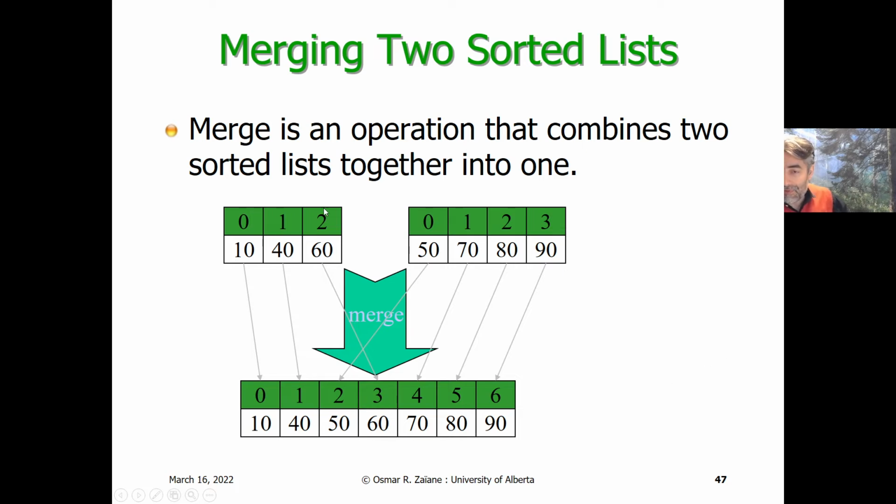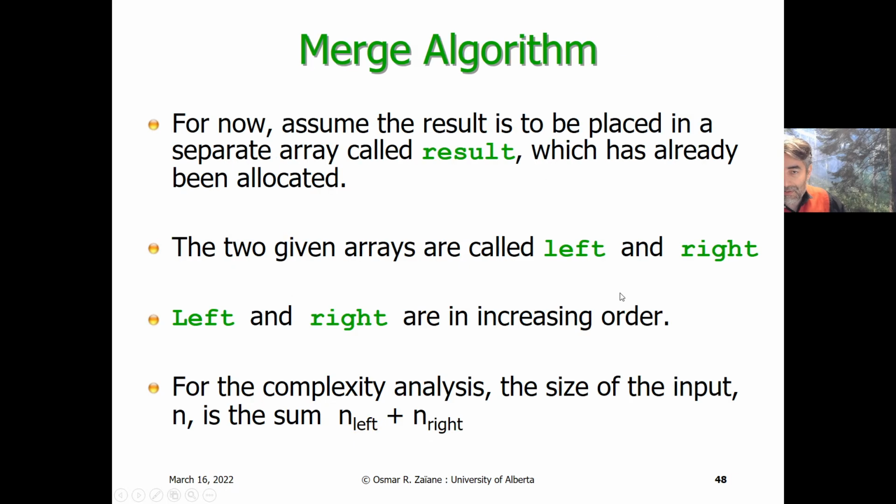So the algorithm to do this is actually relatively simple. My input is left and right, two containers, and my output is one container that we'll call result. The left-hand side will be in increasing order, the right-hand side will also be in increasing order, and I need to have them sorted in order to be able to do the merge. I cannot merge two containers if one of the containers is not sorted, so both have to be sorted.